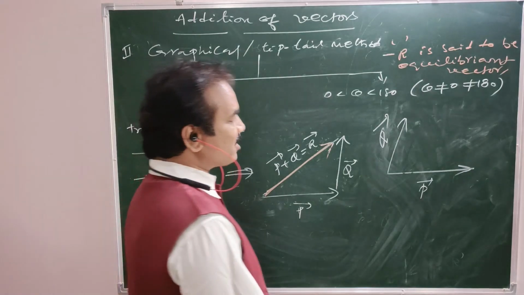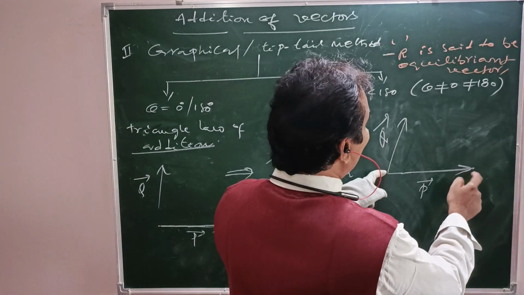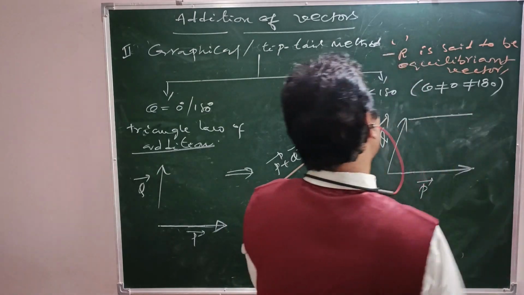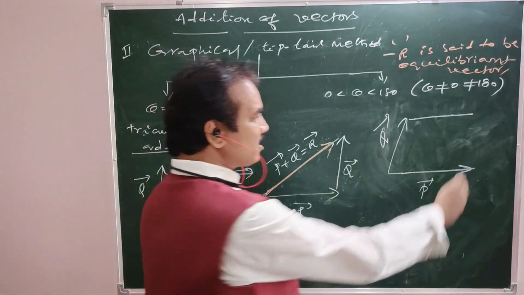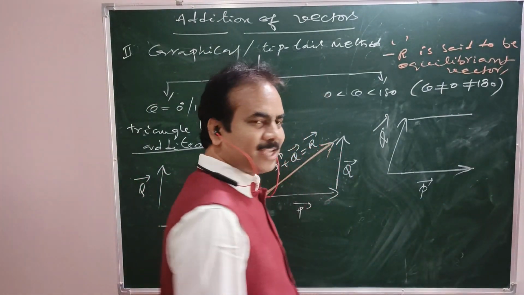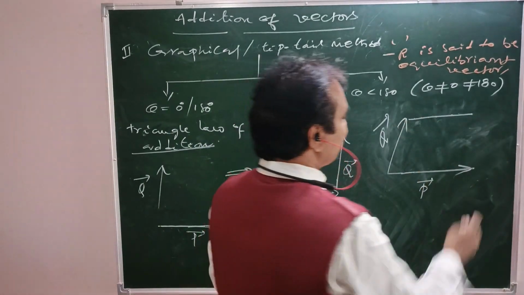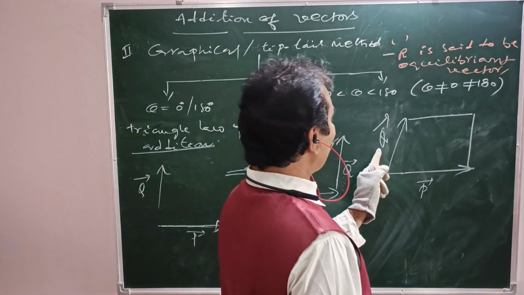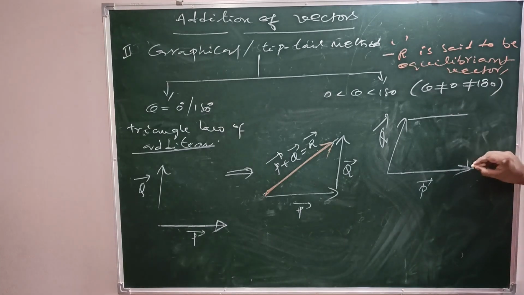By taking parallel sides. Suppose I take one side parallel to p bar somewhere here, we can have three sides of the parallelogram. Now coming to the fourth side, take one side parallel to q bar. Means one side parallel to p bar, the other side parallel to q bar, right?